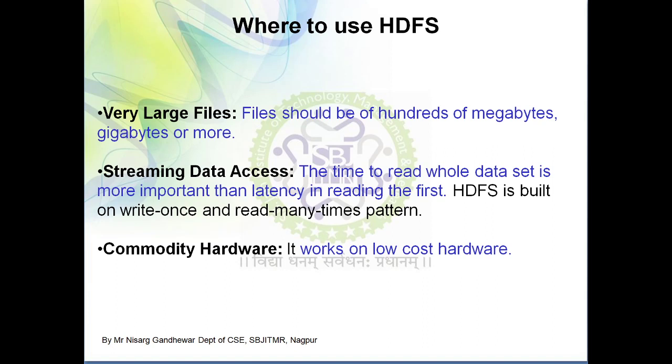HDFS is built on the write once and read many times pattern. Then commodity hardware, it works on low cost hardware. So HDFS can be used for these 3 reasons: very large files, streaming data access, and commodity hardware.